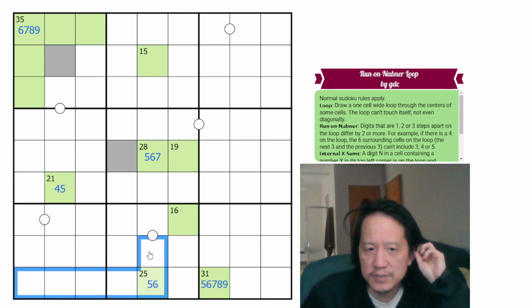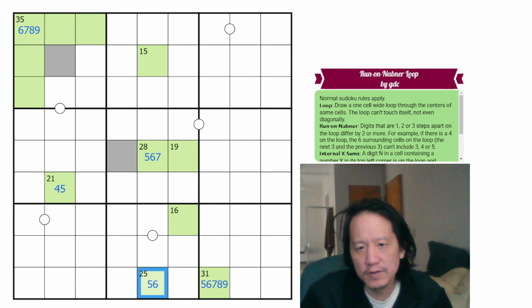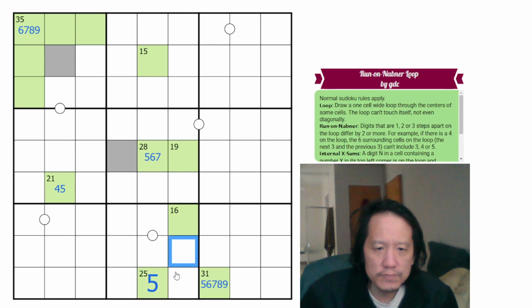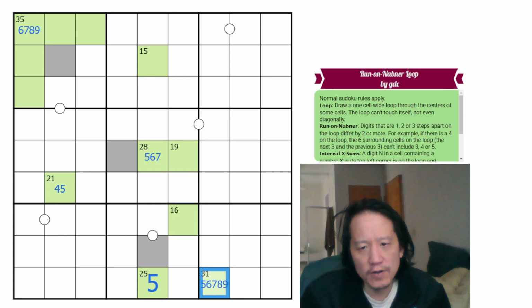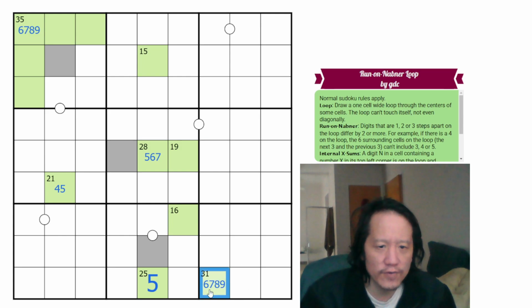So it cannot be 6. So this has to be 5 then. It can't go up here. We know that's not possible because then it touches itself twice in one way. So this cannot be 5. This has to be more than 5.